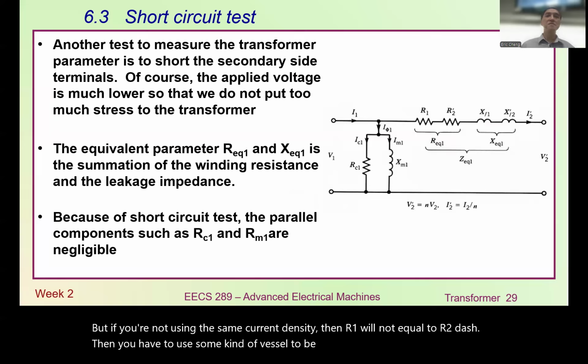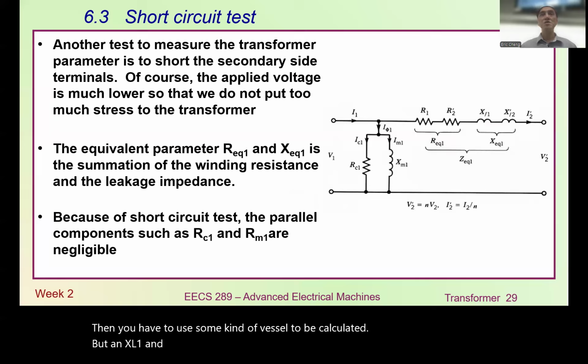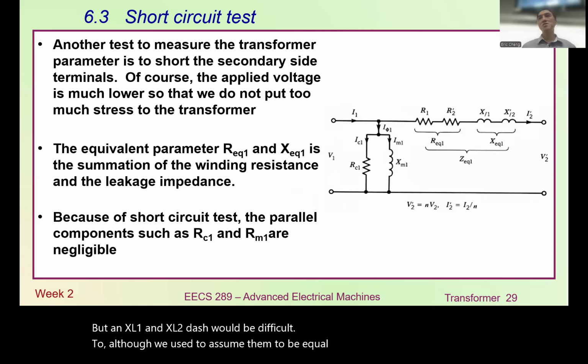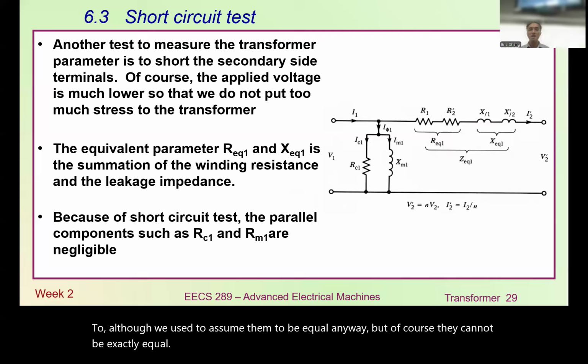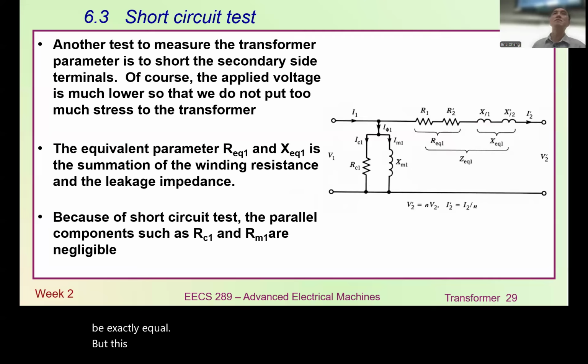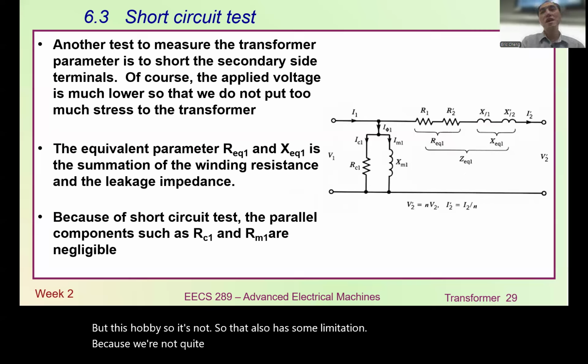But XL1 and XL2 dash are difficult. Although we assume them to be equal anyway, of course they cannot be exactly equal. That's how the short circuit test also has some limitation, because we're not quite sure how to get the separate parameters exactly.